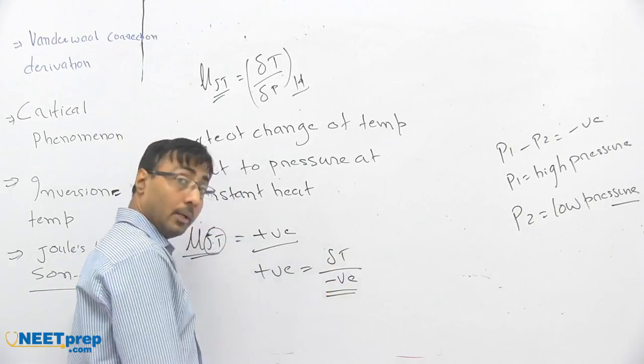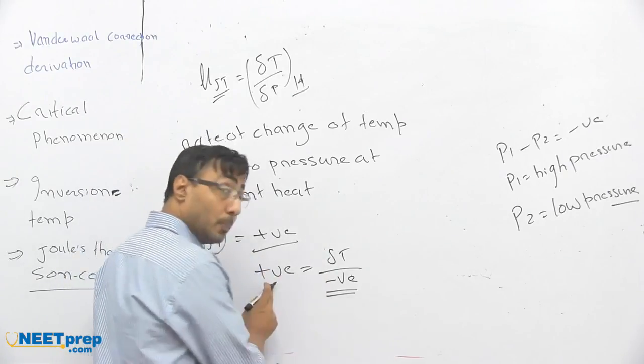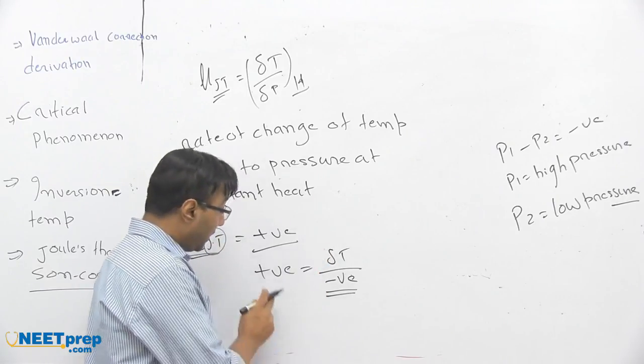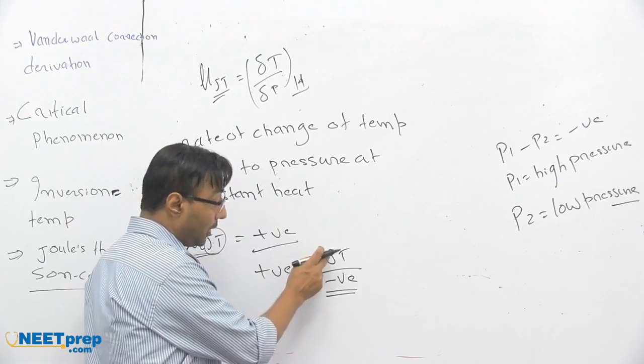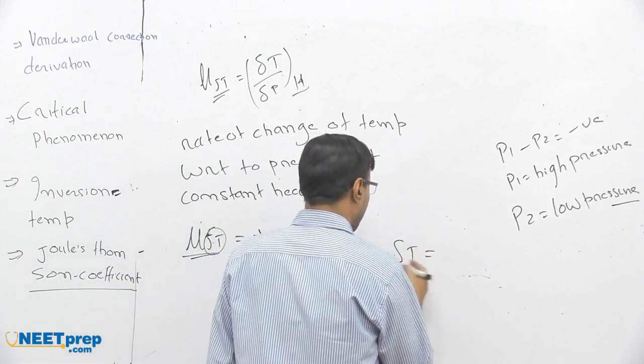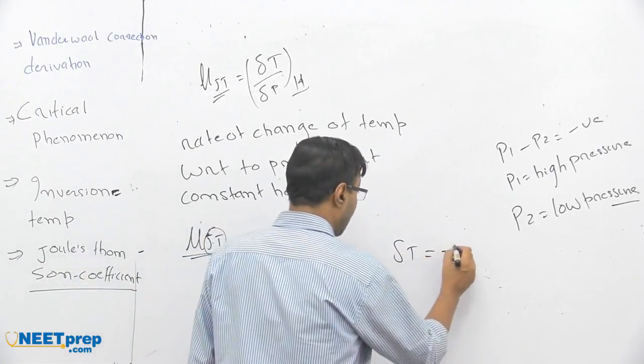Now this one is delta T. This will come positive only when this is negative. So for this condition to be satisfied, delta T must be negative.